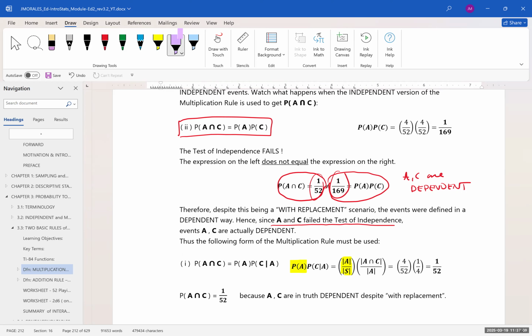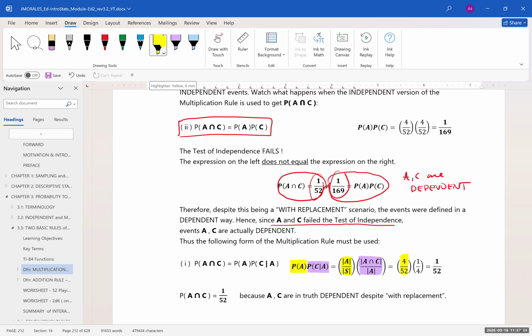And then we have the probability of C given that A occurs first. And that's a conditional probability. And that is equivalent to calculating the order of the intersection divided by the order of A. And the order of A over the sample space is going to be 4 out of 52.